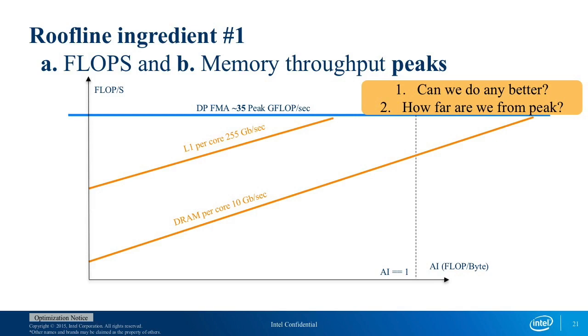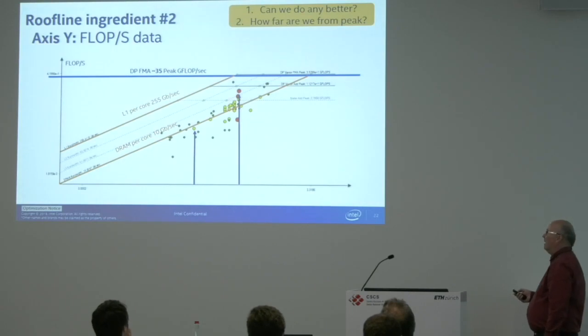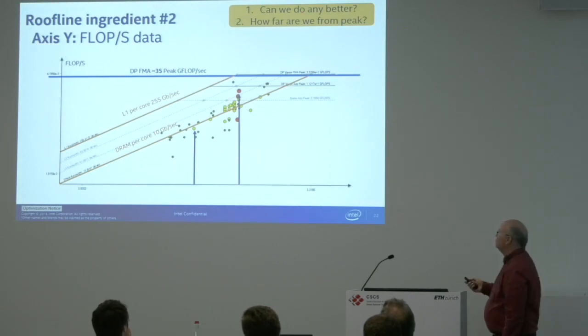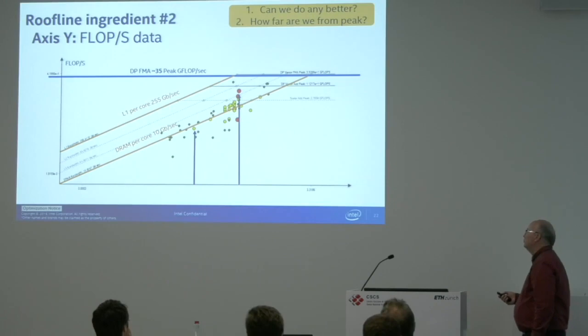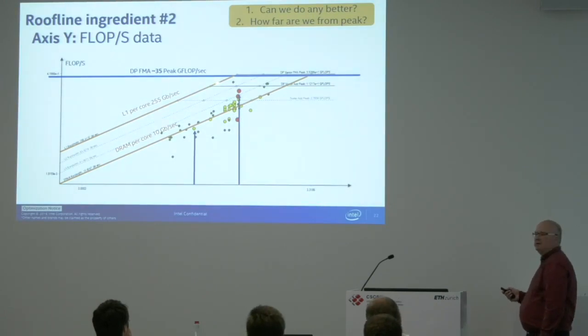So how does it look in the tool? The tool does everything for you automatically, and it calculates the arithmetic intensity for each loop, and then it also calculates the flops for each loop. Then it will put a little bullet here for each of your loops. And to not get lost, these loops are colored.